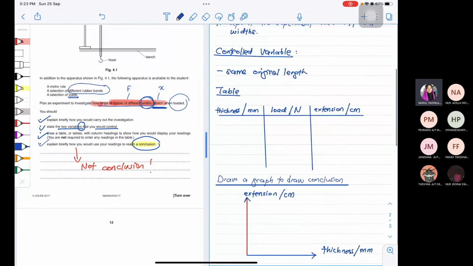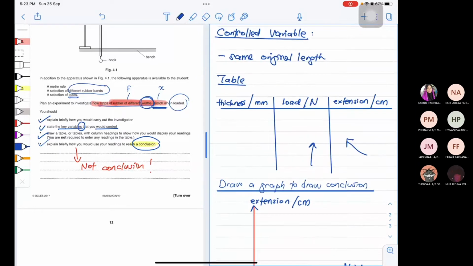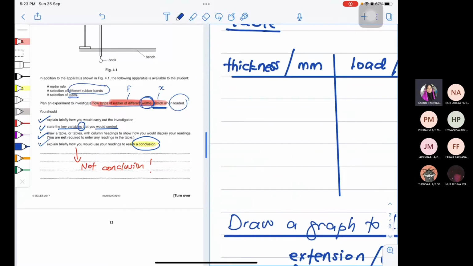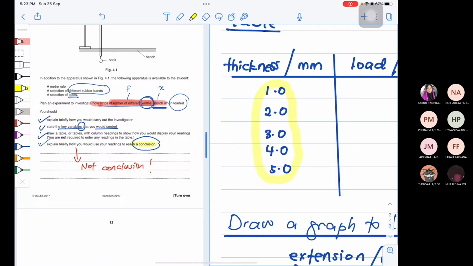Make sure you have thickness. Here you don't have to write anything for the response, because it depends on the thickness. But thickness is the manipulated variable, so you must have a minimum of 5 values. Write what the values are. If you don't know what to do, just use 1, 2, 3, 4, 5. Remember, a minimum of how many? 5.